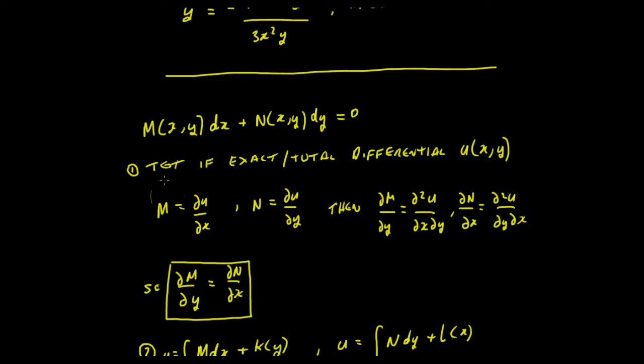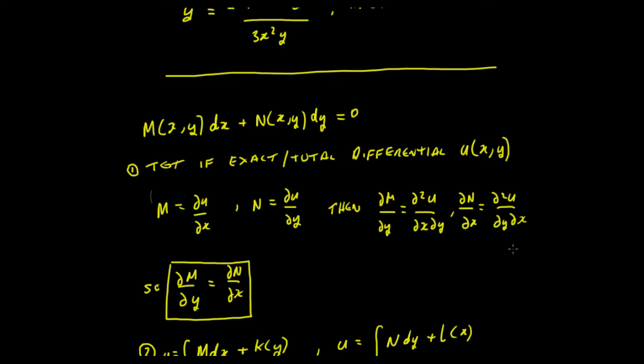If we differentiate M with respect to y, we form the mixed derivative partial squared u by partial x partial y. If we differentiate N with respect to x, we form the mixed derivative partial squared u by partial y partial x.